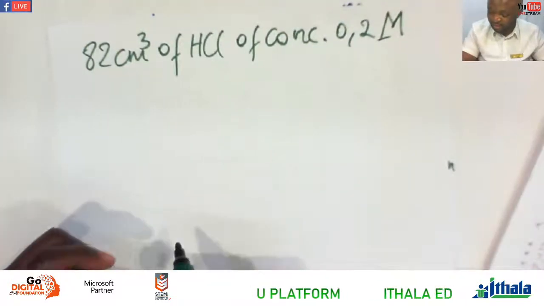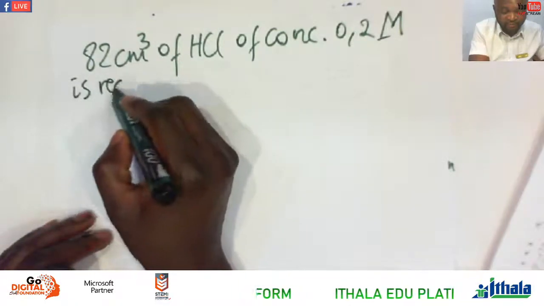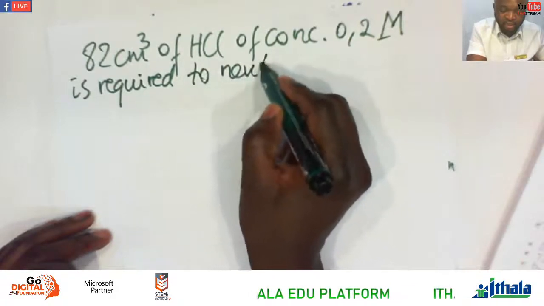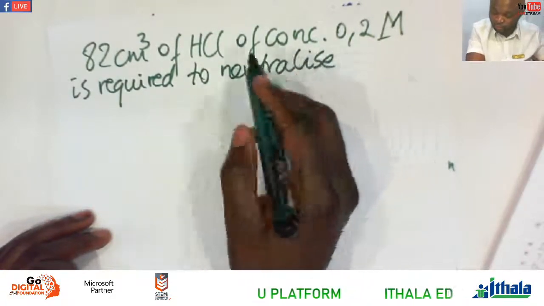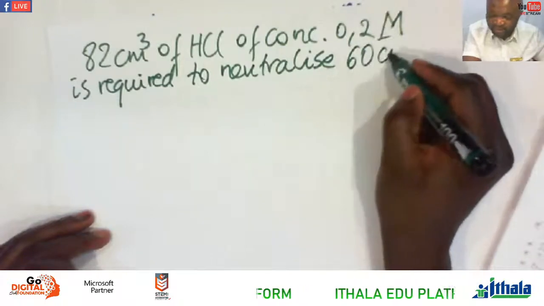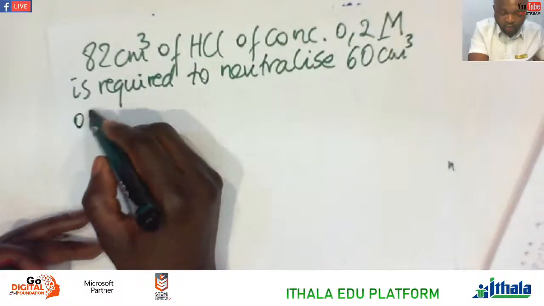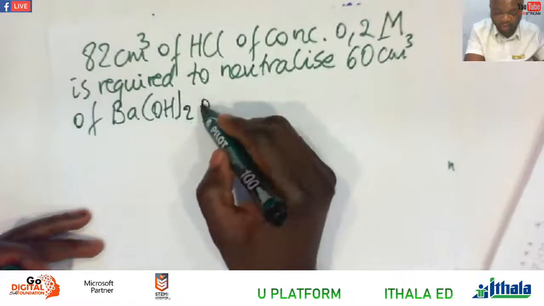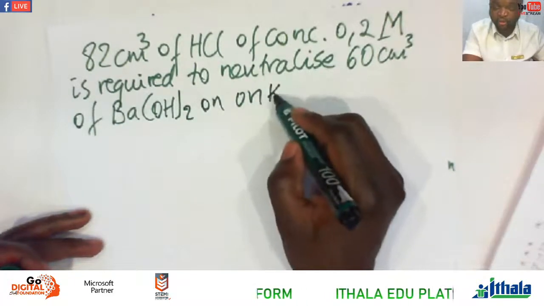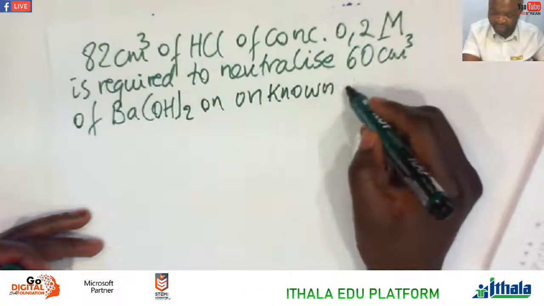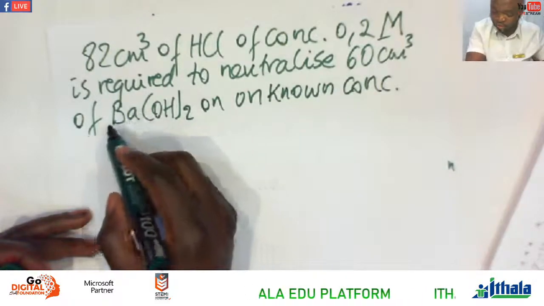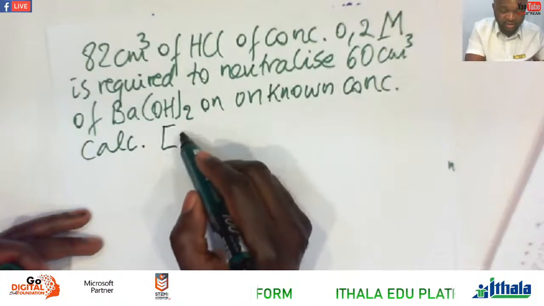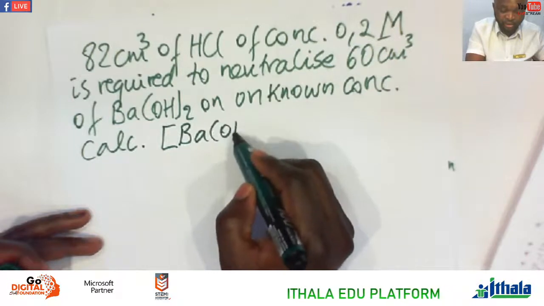It is required to neutralize 60 cubic centimeters of barium hydroxide of unknown concentration. So we are asked to calculate the concentration of barium hydroxide.